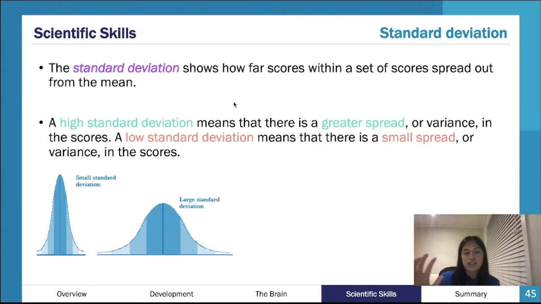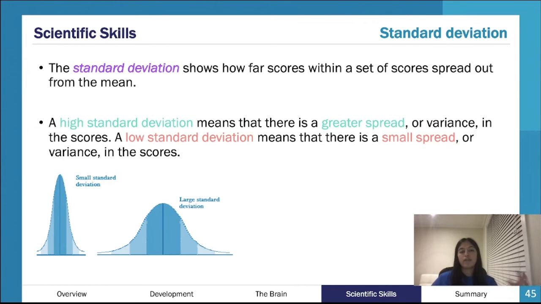Standard deviation. So this is just kind of terminology, basically. You just have to understand that the standard deviation has to do with the mean, and it tells you how broad your scores were. So, let's say we're doing something affecting memory. The mean is in the middle. If you've got people who are really, really low compared to the mean and also really, really high compared to the mean, what we're looking at here is a large standard deviation.